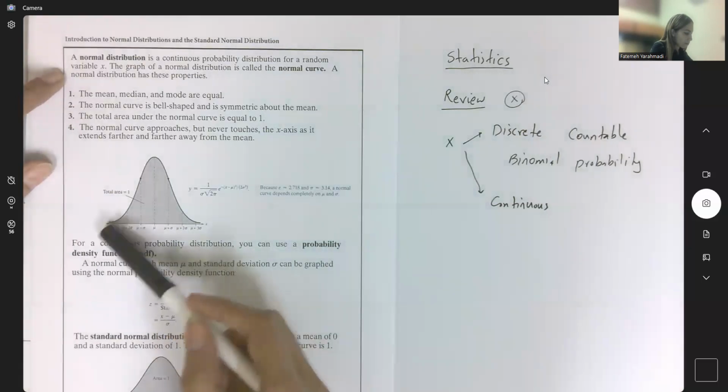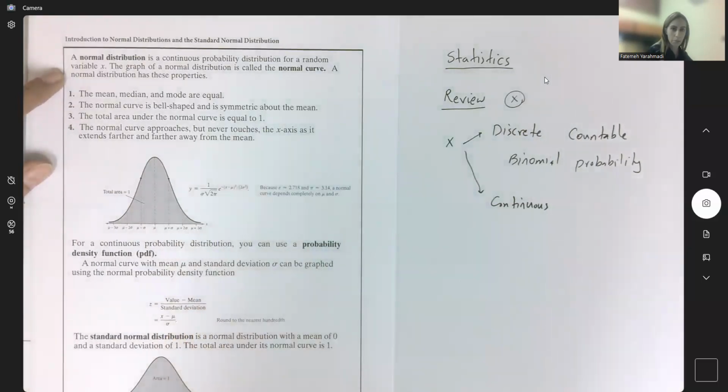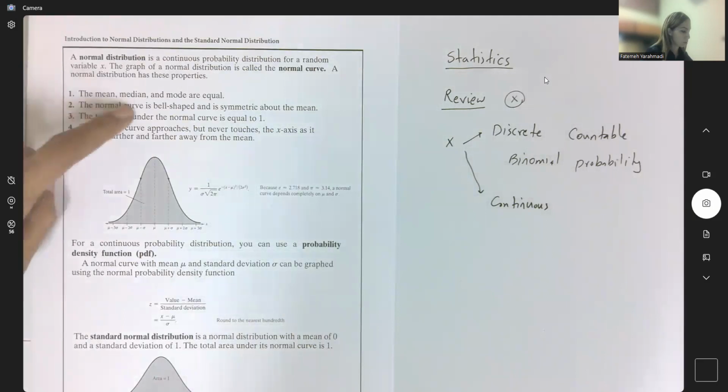And the graph of a normal distribution is a bell-shaped graph. It's a normal curve, and it has some important properties. First of all, the mean, median, and mode, so basically the center, if you use any measure like mean or median or mode, they're equal to each other.